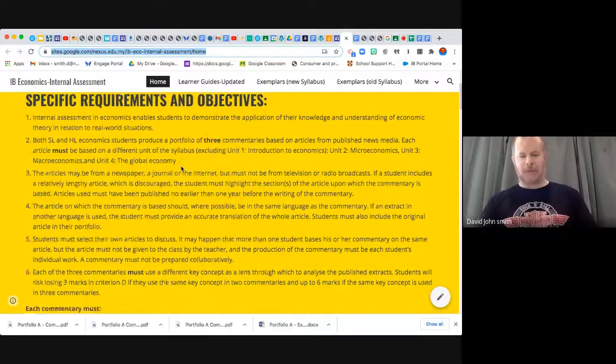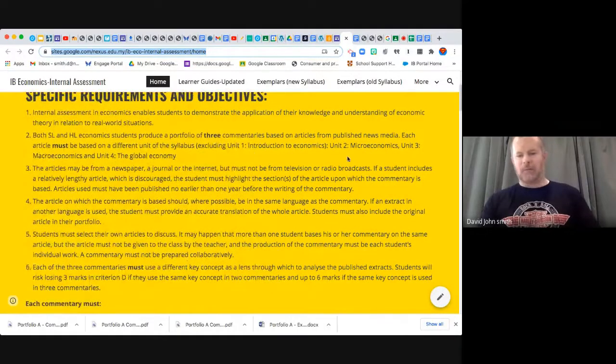You can't do unit 1, but unit 2, unit 3, and unit 4. So that's what we're going to end up with. The easiest way to do this is to do 1 in unit 2, 1 in unit 3, and 1 in unit 4. That's how we have planned it in the past under the old syllabus, and that's what we will do with this one.